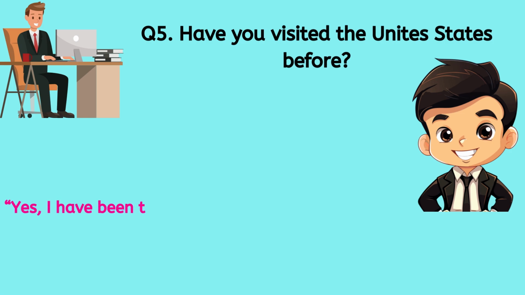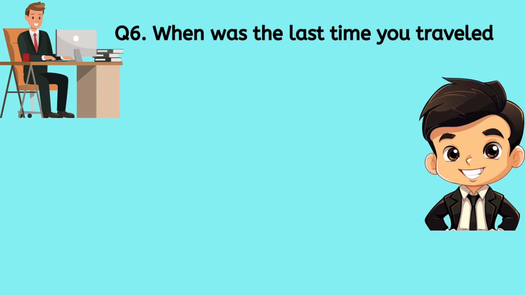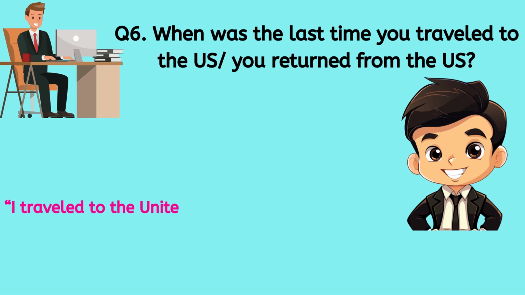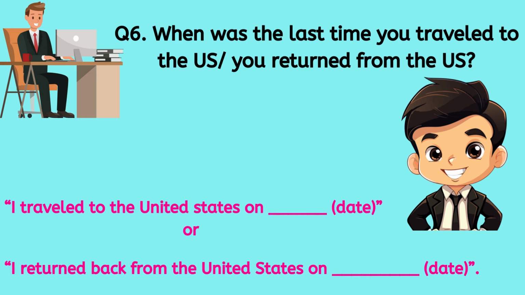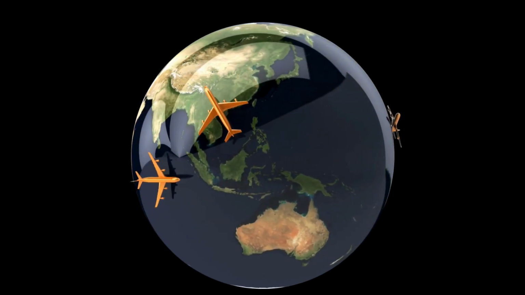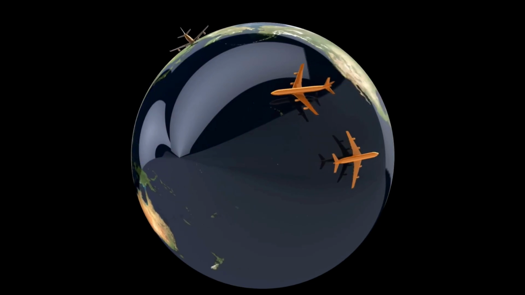And here, please answer honestly, either yes, I have been, or no, I have never been to the United States before. When was the last time you traveled to the United States? Here, please try to remember the most recent date, especially the month and the year when you traveled to the United States, and also try to remember the date when you returned from the United States.